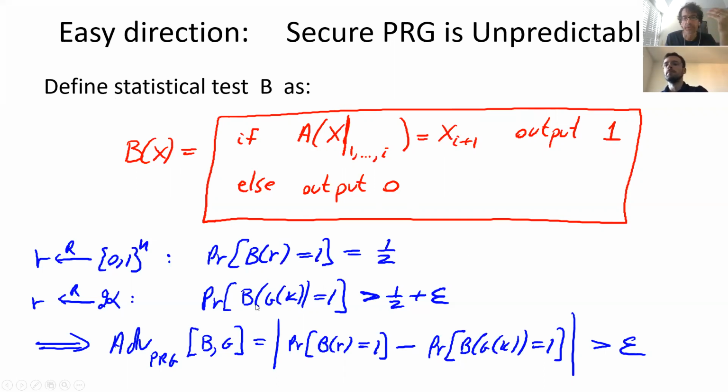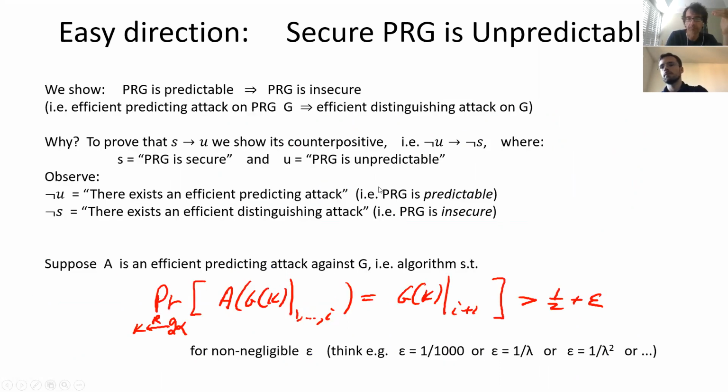And now look at this case. B's input is G(k). What A gets is the first i bits of G(k), and we are outputting 1 if A predicted the (i+1)th bit of G(k). That is exactly what we called epsilon. The assumption was that this probabilistic statement holds with probability at least 1/2 plus epsilon.